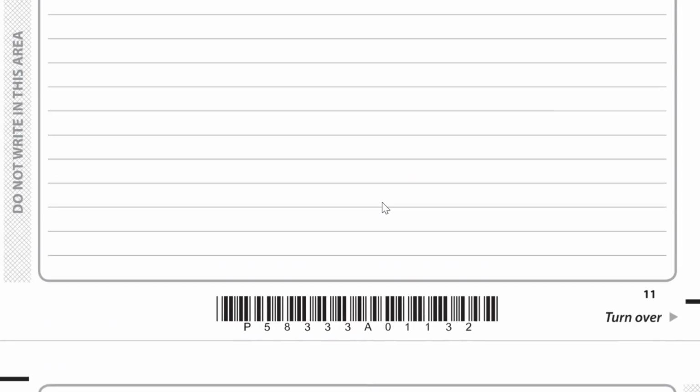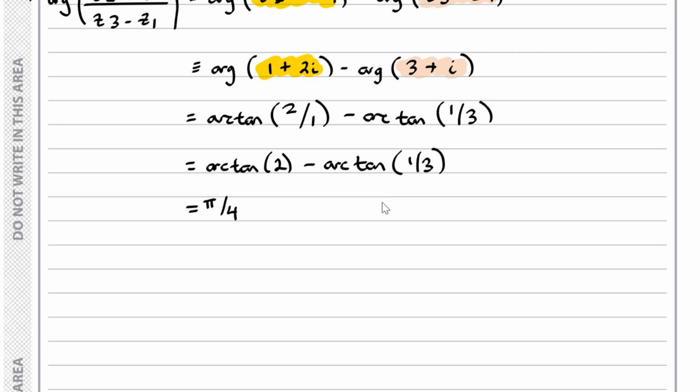Okay, so where's that figure? So for part D, let's just write that down. We have mod z plus 2 being less than or equal to mod z minus 1 minus i.